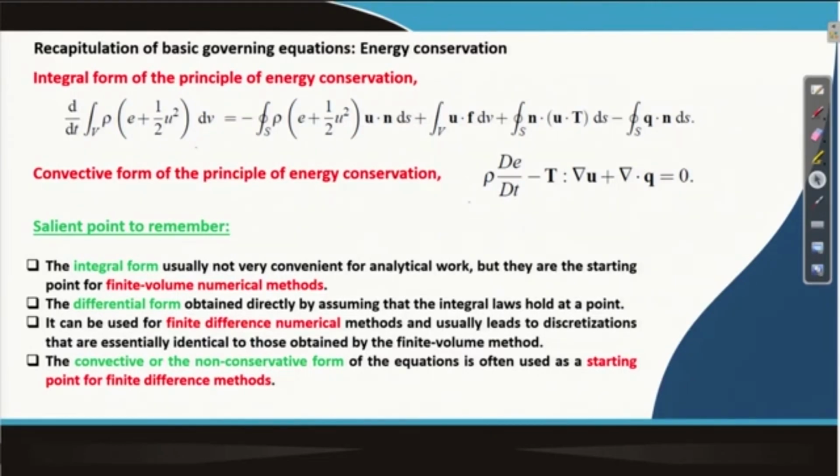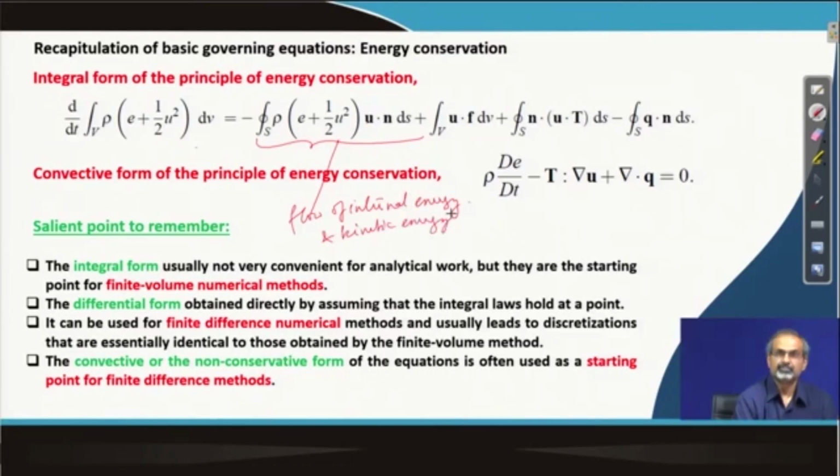On the right hand side the first term is the flow of internal and kinetic energy across the control volume boundary. That is the first term.